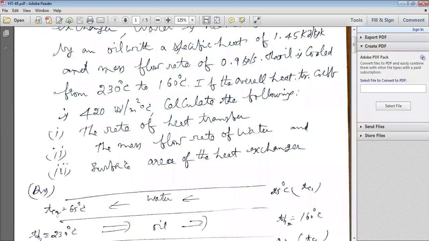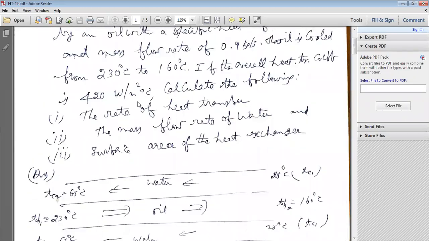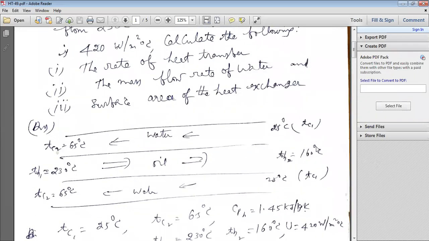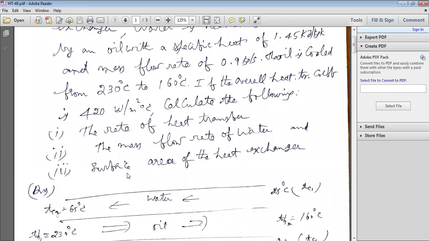The oil is cooled from 230 degrees centigrade to 160 degrees centigrade. The cold fluid is water and the hot fluid is oil here. So the oil temperature decreases from 230 to 160, and at the same time the water temperature increases from 25 to 65 degrees centigrade.